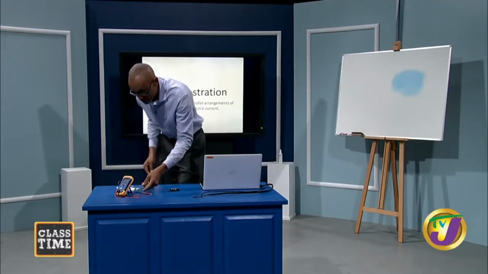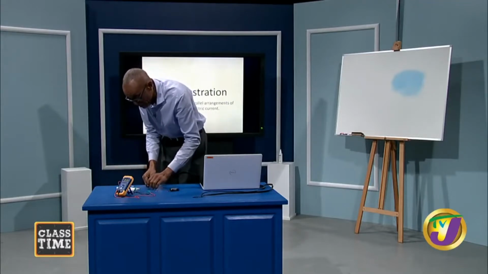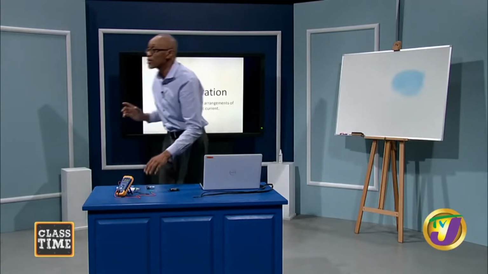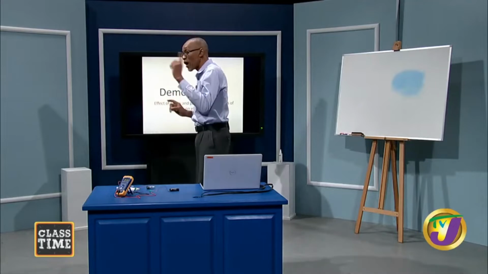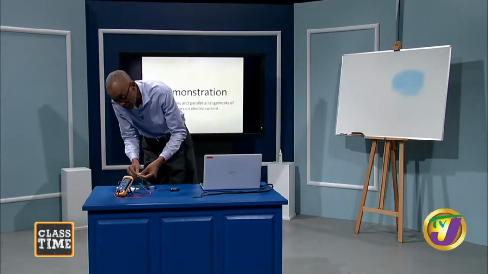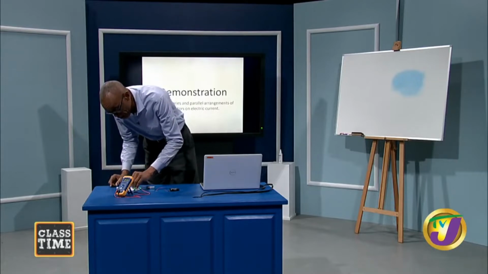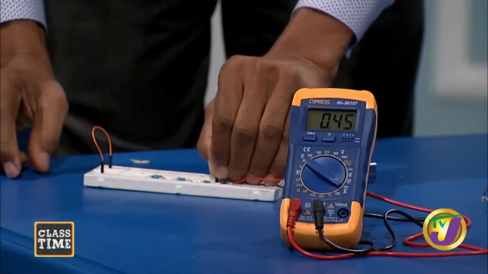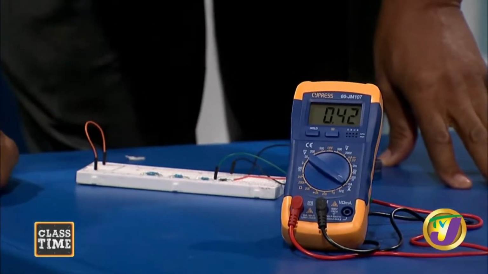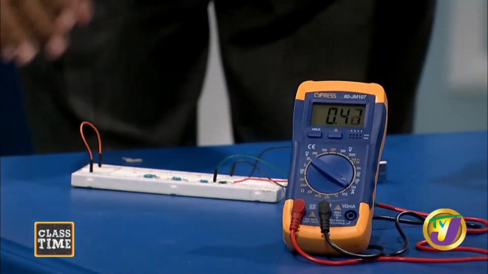We'll be using the 9-volt battery. The first one, I will look at one resistor, and we did this already. When we put in one resistor, we get a current of 0.42 amperes.